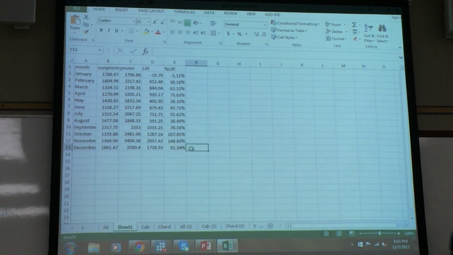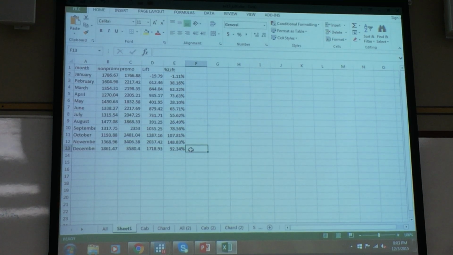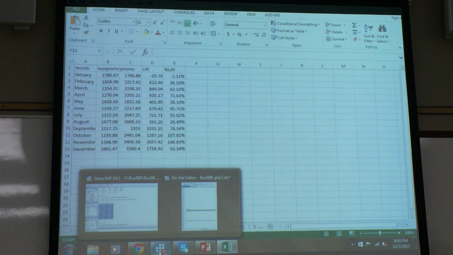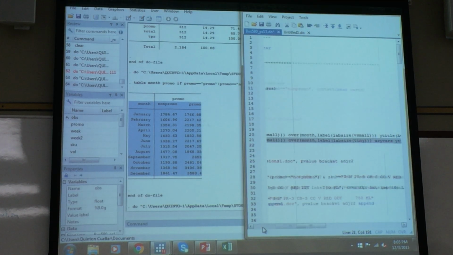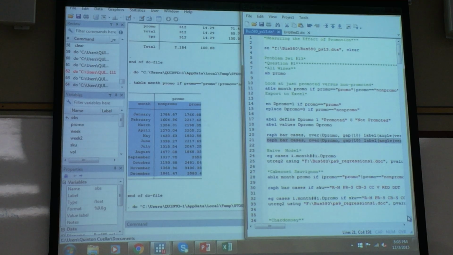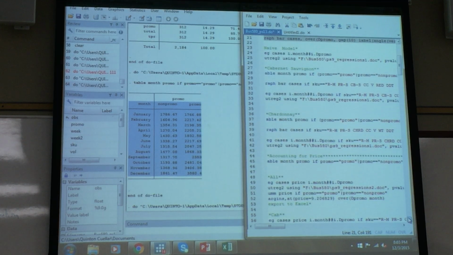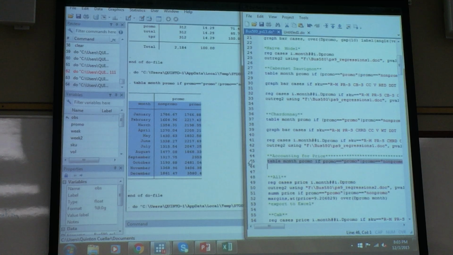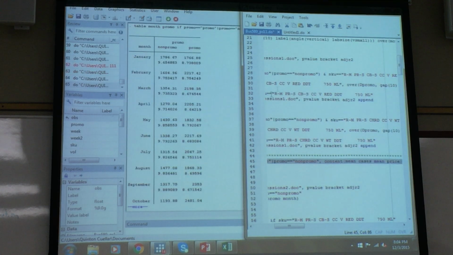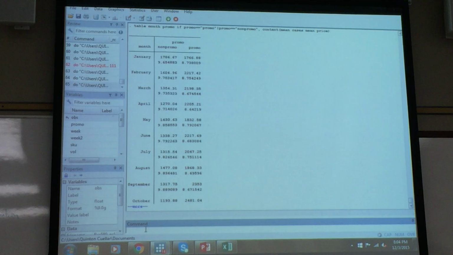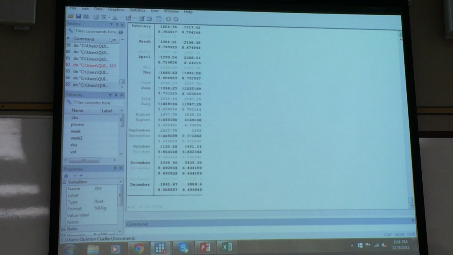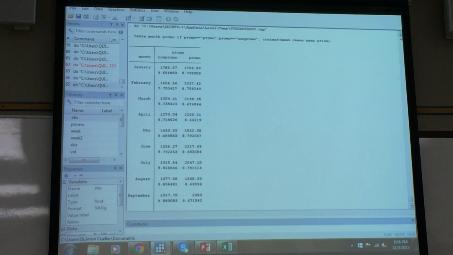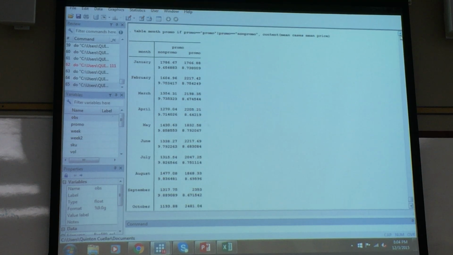So, just like we generated this table, we can generate another table. And that other table is the same table, same commands, same values, except I just added price in there.